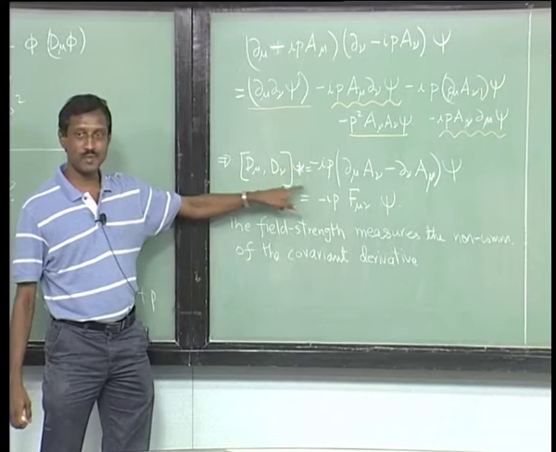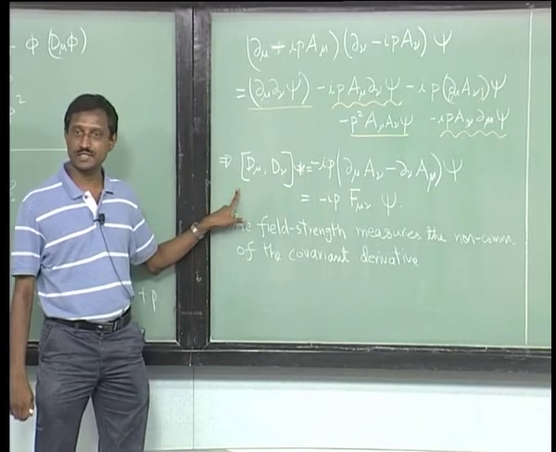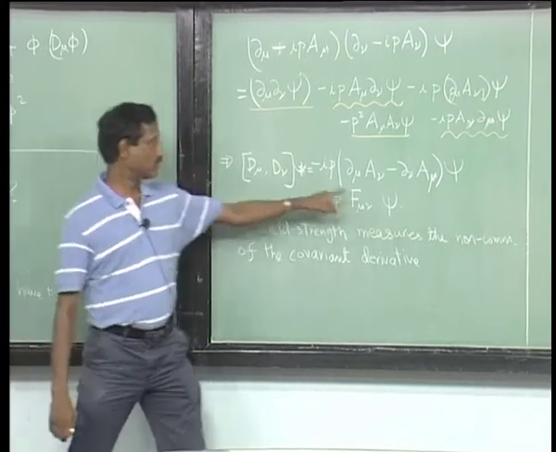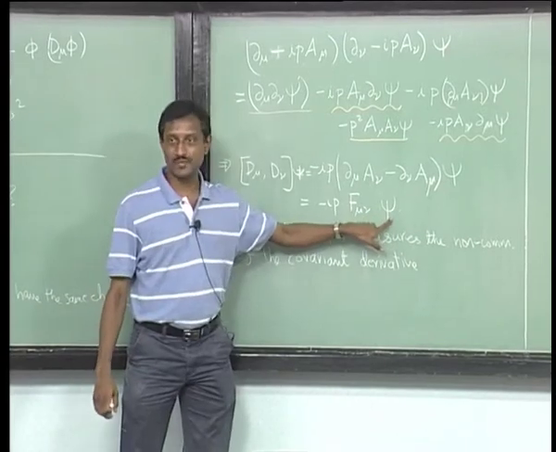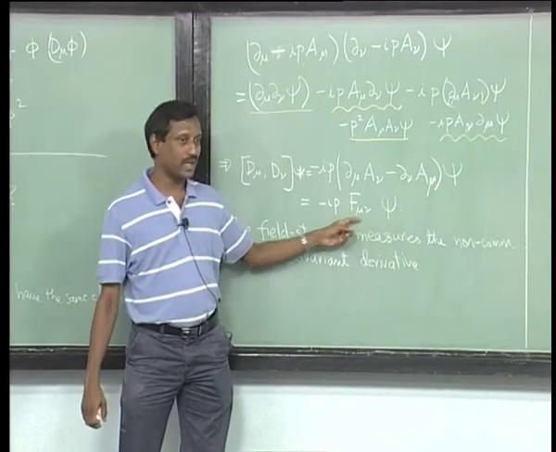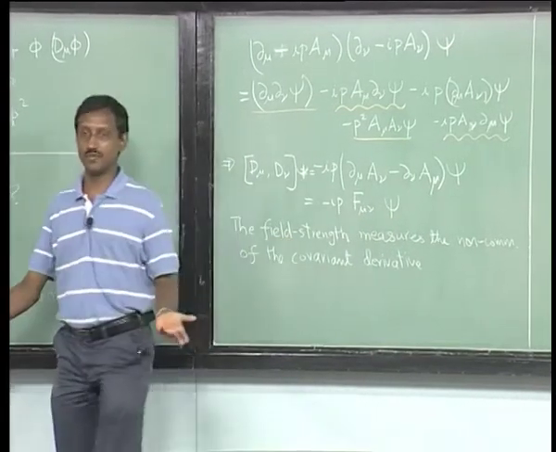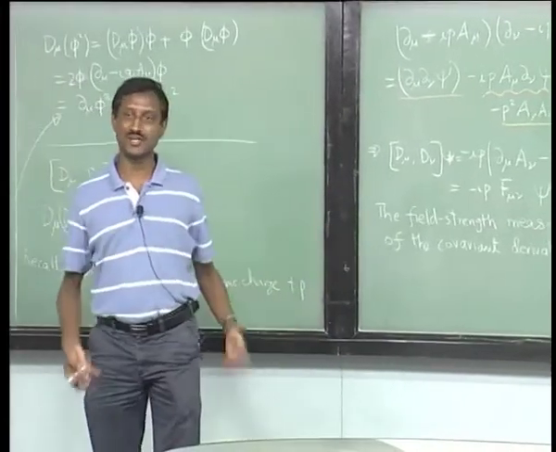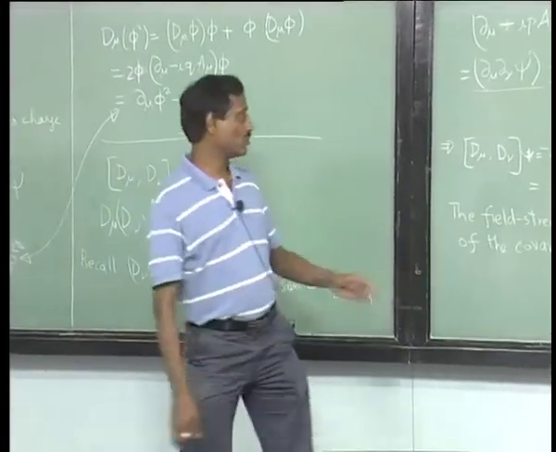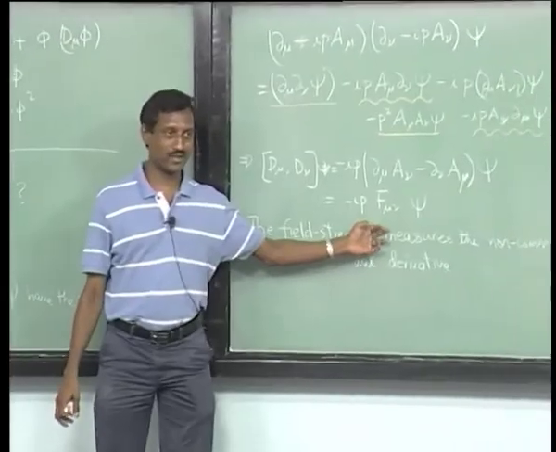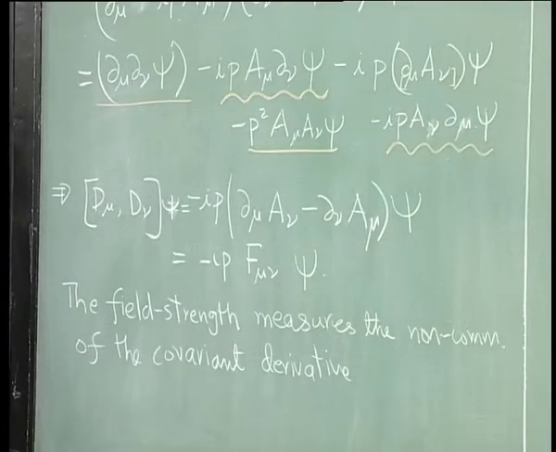If psi has charge p, the left hand side transforms like something which has charge p. Now look at the right hand side, psi already transforms like charge p. So whatever it is multiplying, it should not transform. If it transforms, then it will change the charge or something. Okay, so it does not transform. But yeah, absolutely right.